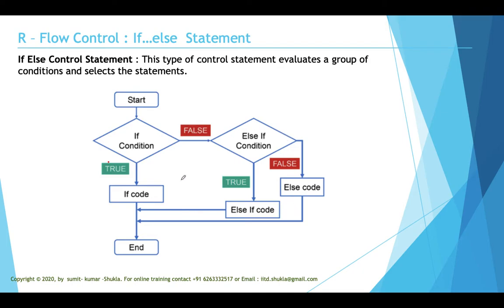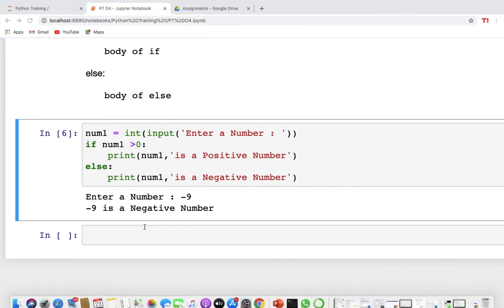Instead, you check the elif condition. In Python you have the elif condition, not else if. If the elif condition is true, you execute it and end the program. And if the elif is also false, you go to the else and then end the program. This is how it works.